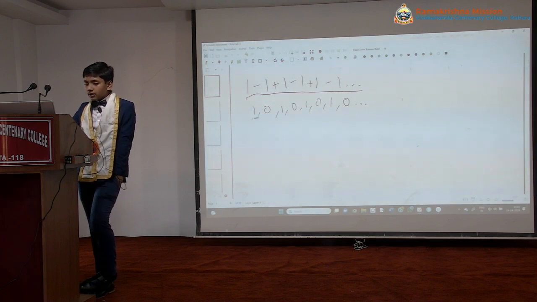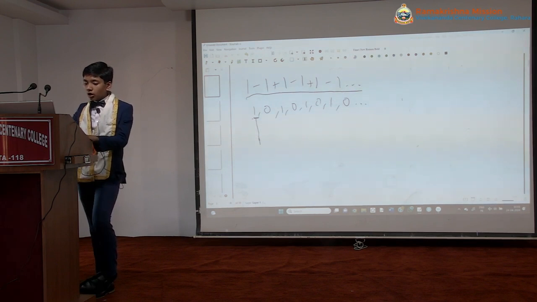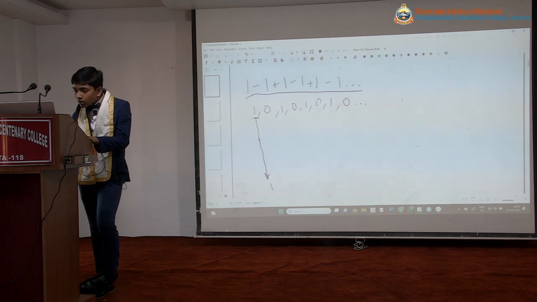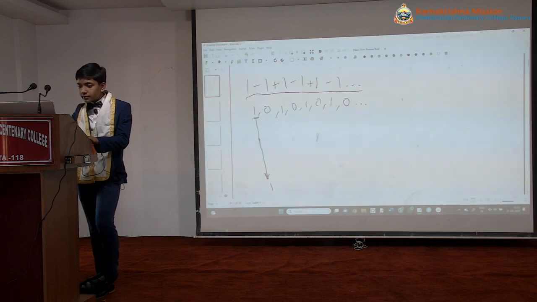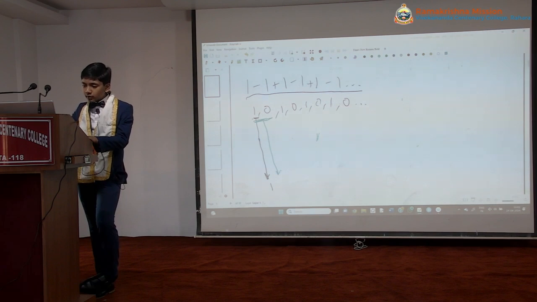So this is going to give, and I'm going to draw a long arrow, 1. This is going to give, let me see, okay, maybe I shouldn't be choosing such light colors. This is going to be 0.5.